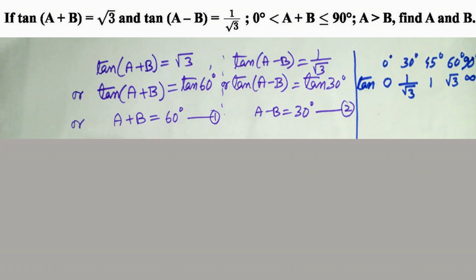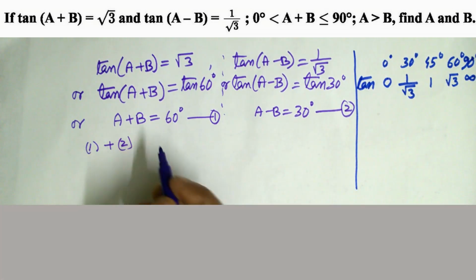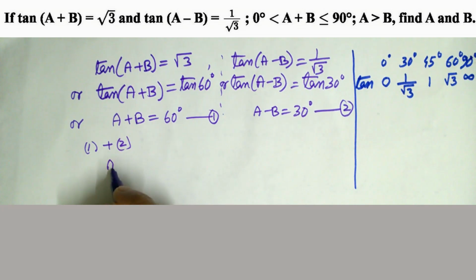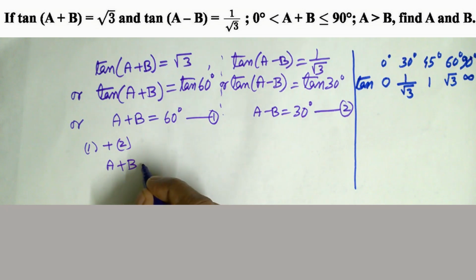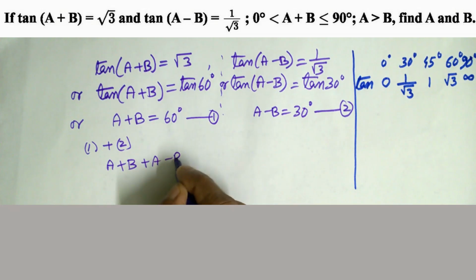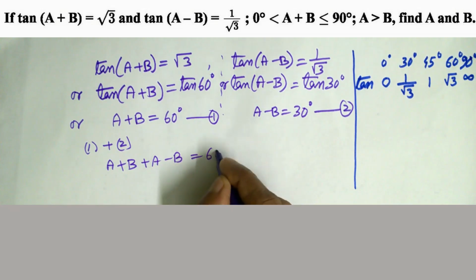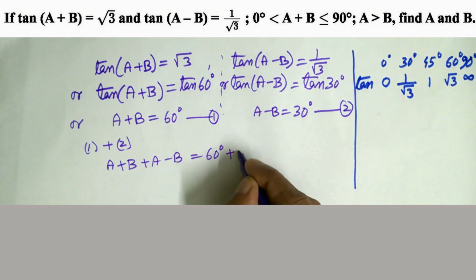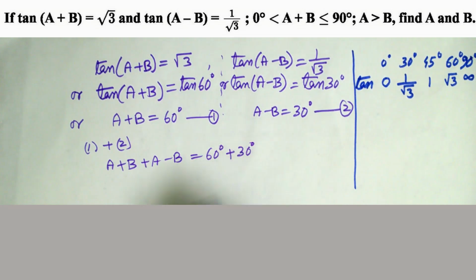Similarly, next we will follow the same to get b. So operating 1 plus 2, what will we have? The left hand side of 1, a plus b, added with the left hand side of 2, a minus b. What will be the right hand side? 60 degree plus 30 degree.